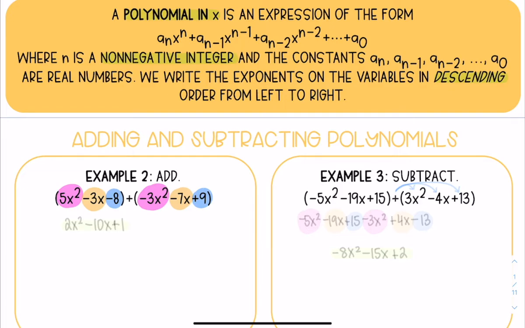So 5x squared minus 3x squared gives me 2x squared. -3x minus 7x is -10x. And -8 plus 9 is going to give me +1.